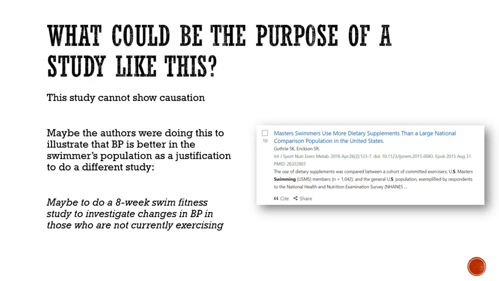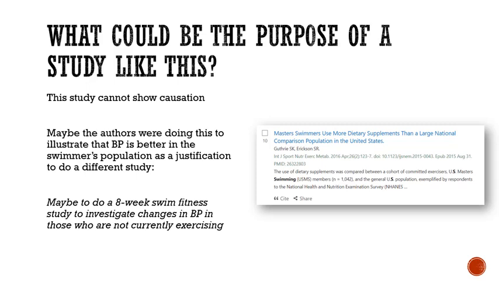So maybe what the authors were doing was trying to illustrate that BP is better in the swimmers population in order to do a justification to do a different study. So sometimes you need to have a starting point, some building blocks. And so you can't go 2 steps forward without taking a small baby step forward.